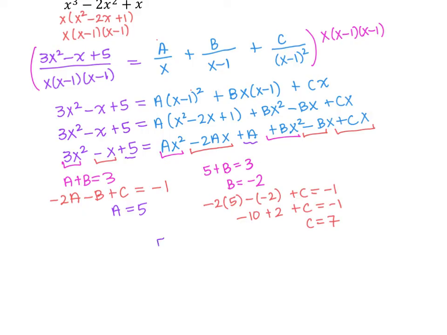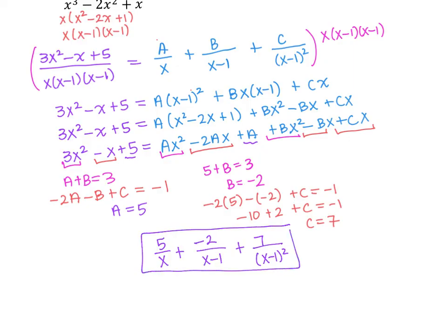So I have a over x plus, what's b? B over x minus 1. I could have made that a minus 2. Plus c over x minus 1 squared. And again, if you wanted to re-add these up, you could do so to verify that they do in fact work.